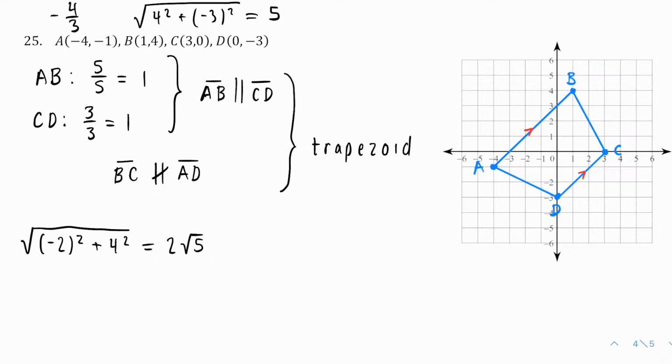So if BC also has a length of 2 square root of 5, then it's an isosceles trapezoid and we're done. If it does not have a length of 2 square root of 5, it's just a trapezoid and we're done. So let's see, the rise here is -1, 2, 3, 4. And the run is 1, 2.